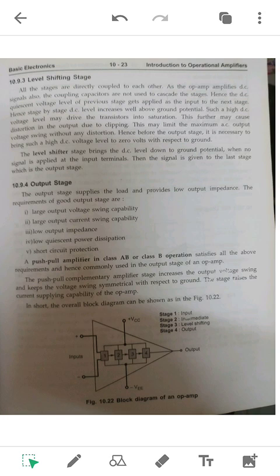Then the level shifting stage. The signals which are generated are not up to the mark, so we have to amplify again. That is called the level shifting stage. You can see the level shifting stage in the third stage of the figure.